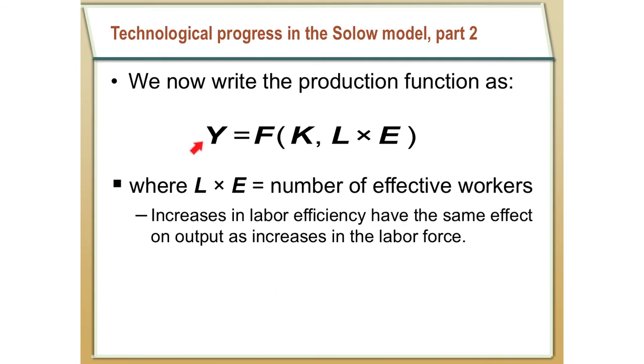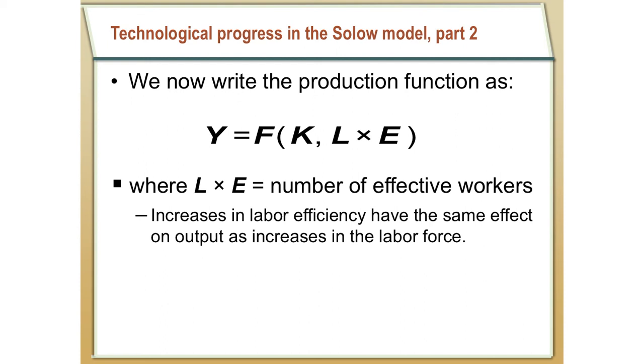So now the production function has a new variable. The amount of output that we can produce is now dependent on capital, the amount of capital we have, the amount of workers we have, and how efficient those workers are. So L times E, we can think of this as the number of effective workers. If you're an astute observer here, you'll notice that an increase in E is functionally the same as increasing the number of workers.